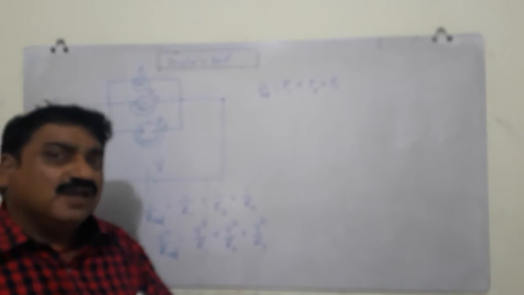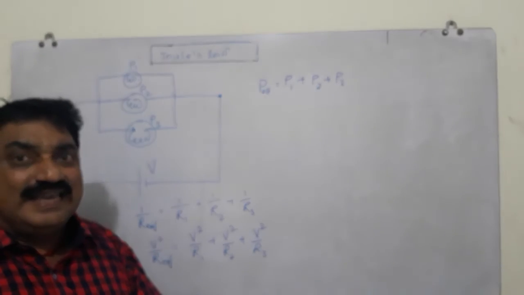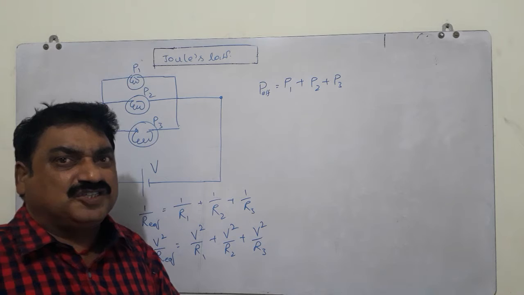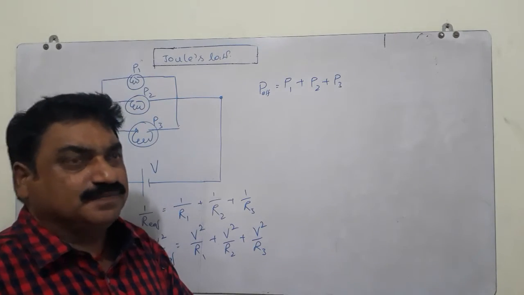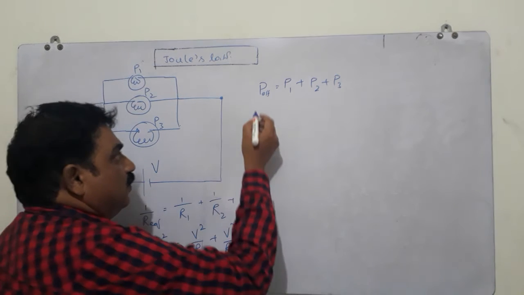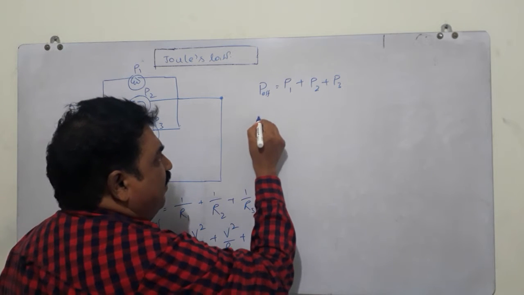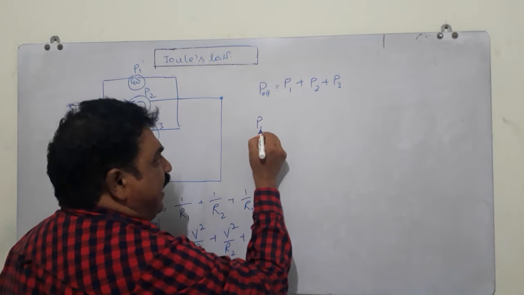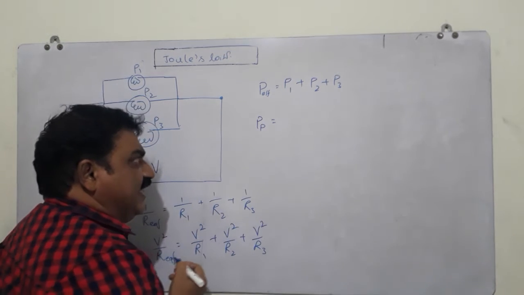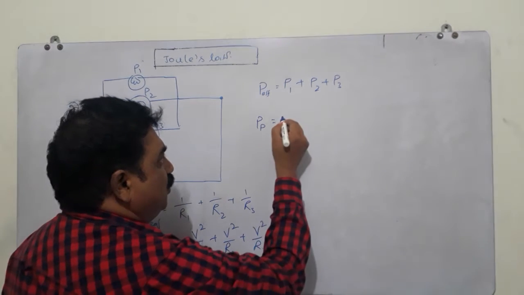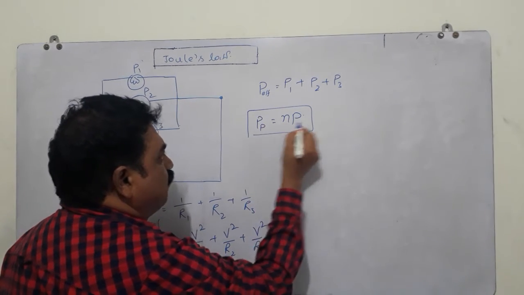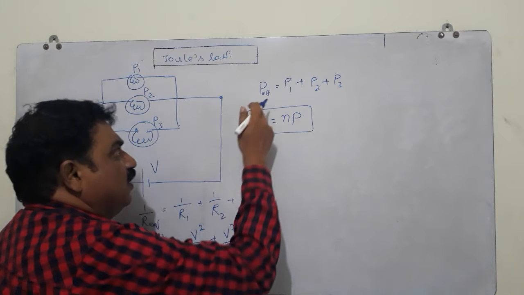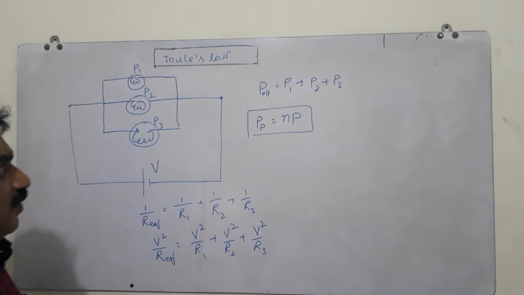For example, if you connect n identical bulbs in parallel, what is the effective power? P effective in parallel combination, Pp, is equal to nP, that is P plus P plus P plus so on up to n.